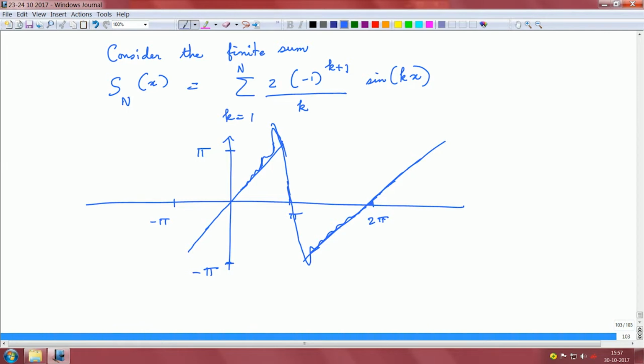I mean, if you sketch for n equal to 20, 100, 1000 and so on, you can see that there is a variation in this height and then the oscillations, and this phenomenon is called Gibbs effect. So, I call these blips.